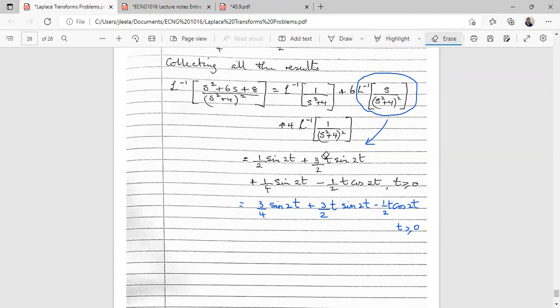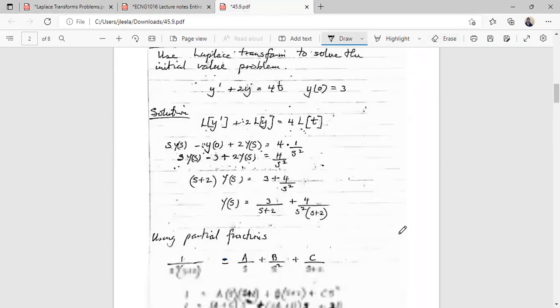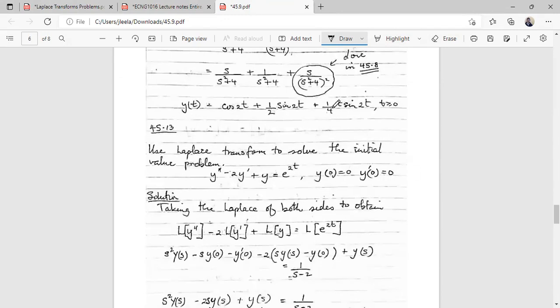So when you don't have the 6 in front, you get a quarter t sine 2t. So don't let that little factor in there confuse you.